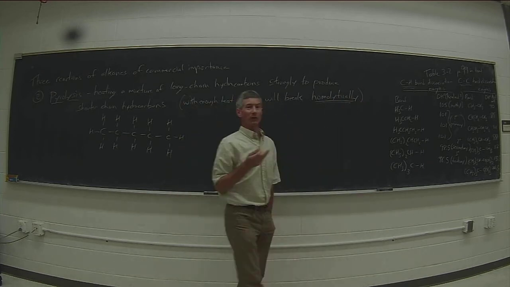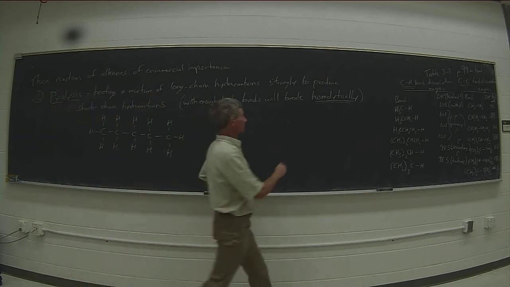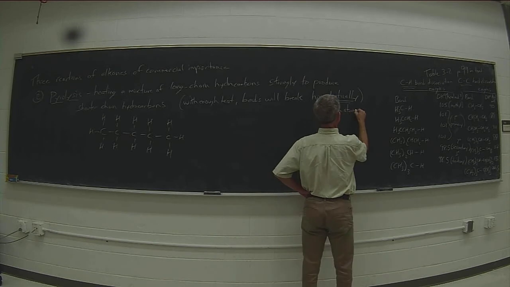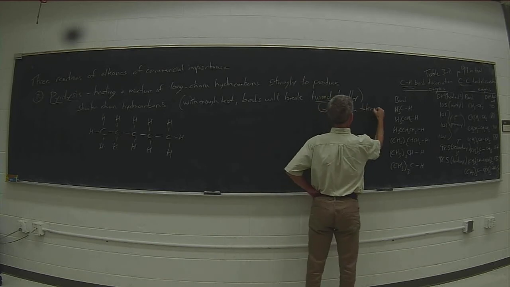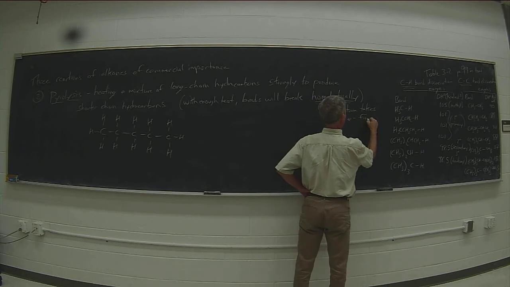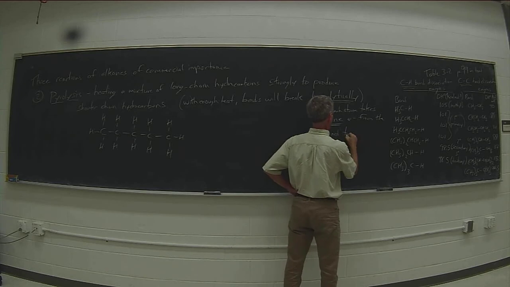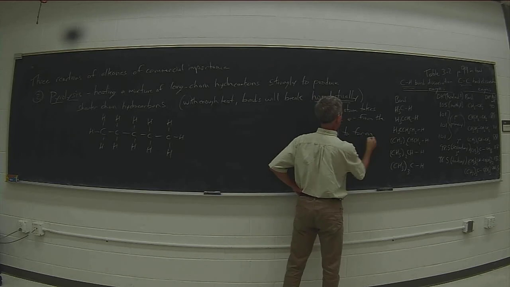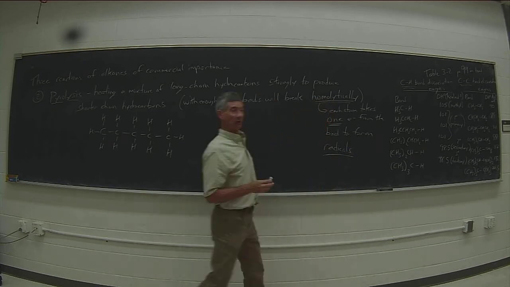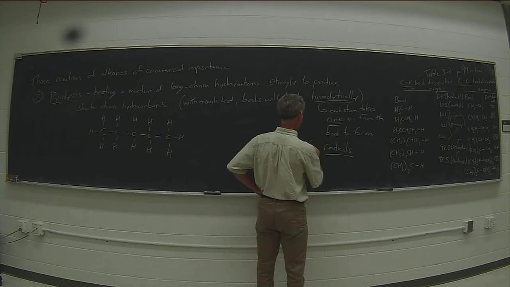And those bonds will break homolytically, which means to form radicals. And free radicals are compounds that have an unpaired electron.